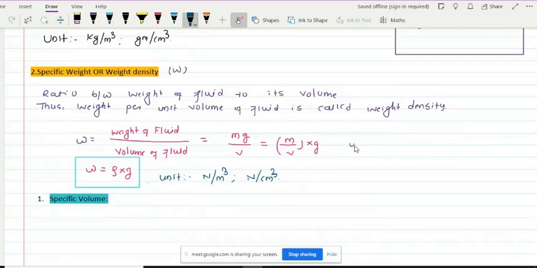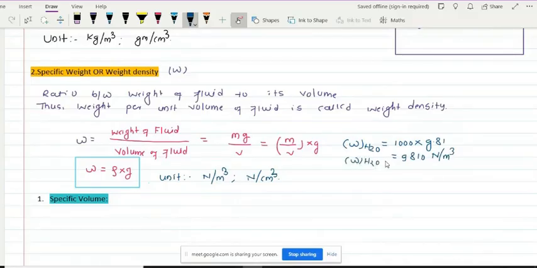What is the weight density of water? What is the density of water? 1000 into the value of g, acceleration due to gravity, 9.81. This becomes 9810 Newton per meter cube. It is the weight density of water.